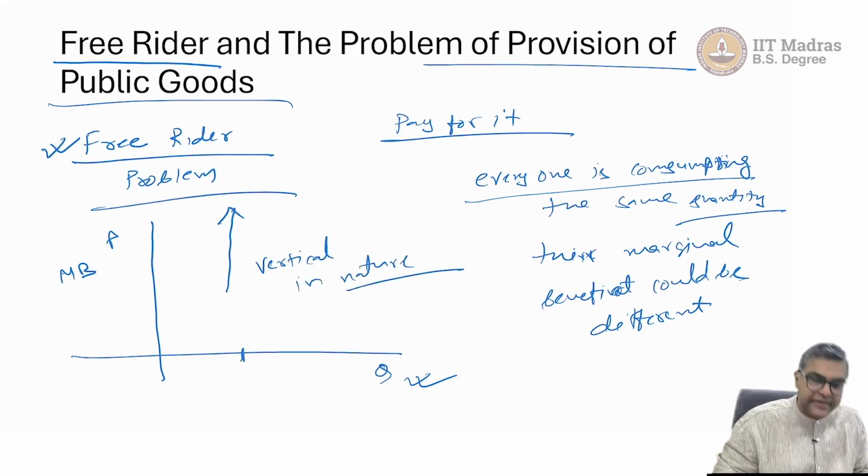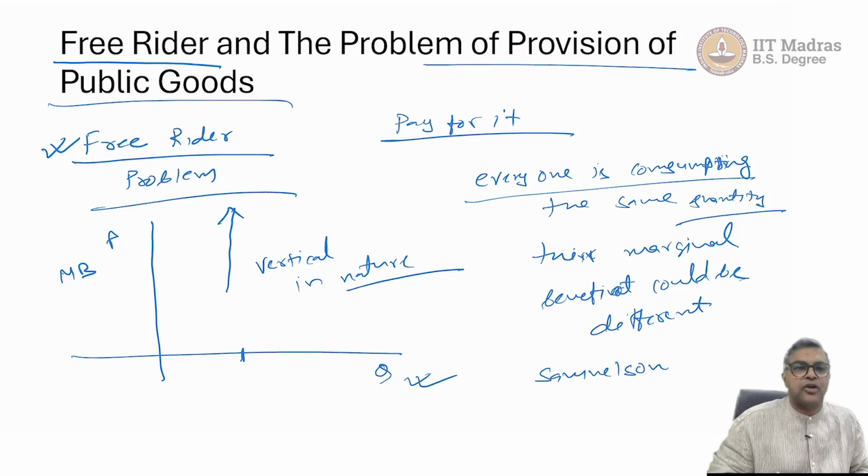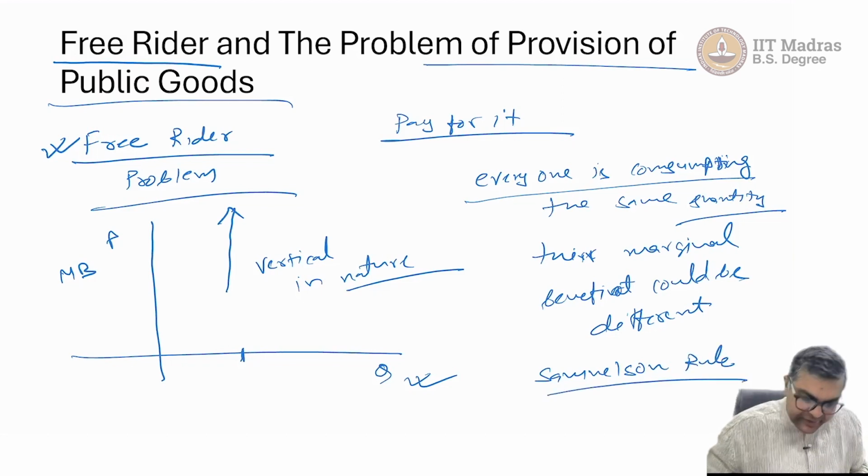That is what you should understand, and this is called the Samuelson Rule. Samuelson was an economist and the second Nobel Prize winner, not in the first year but in the second year. This rule is applicable for public good. And the problem is that no one has an incentive to pay for public good.